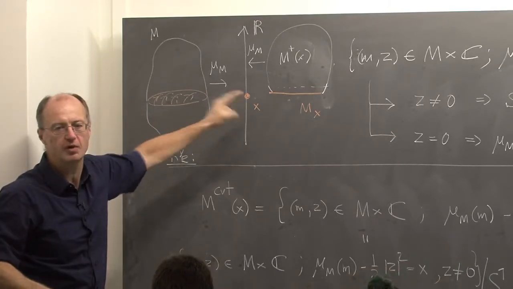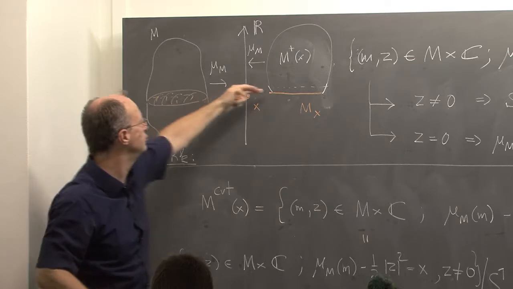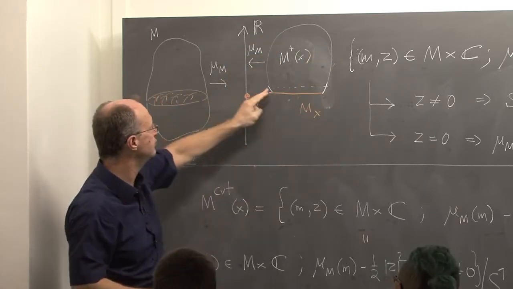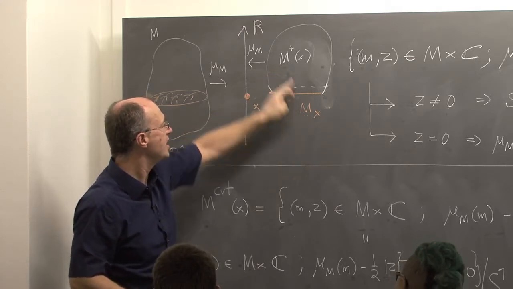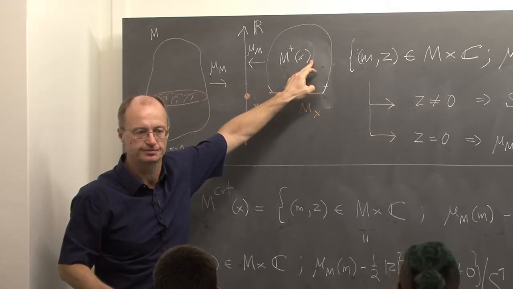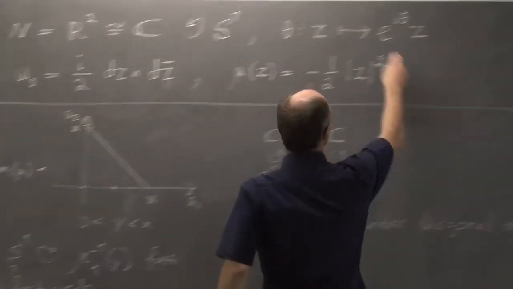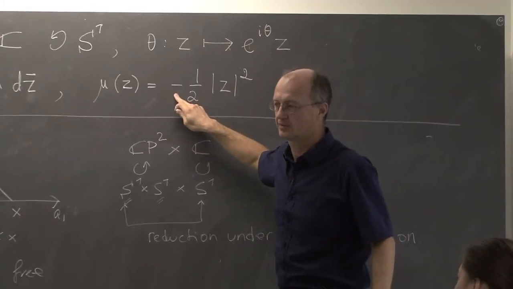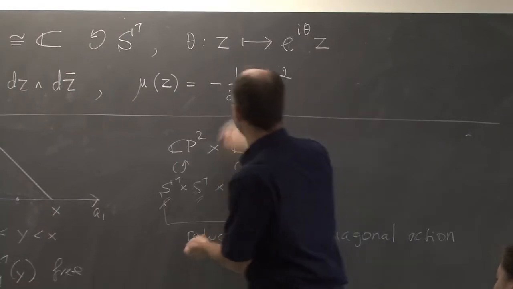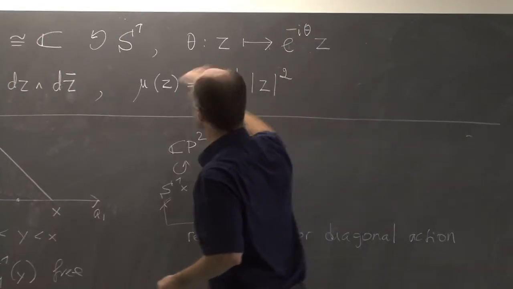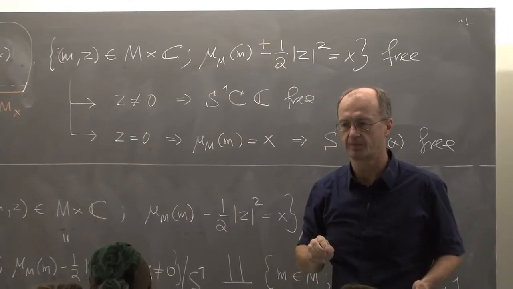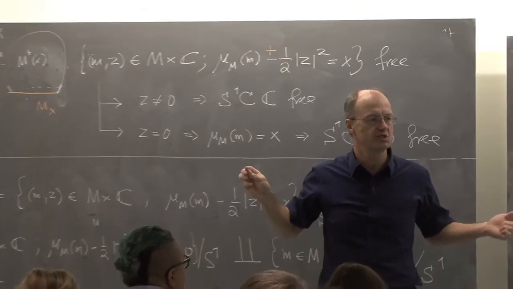Maybe one more remark. So here we decided to take the upper half, right? We arranged everything such that the reduction produces Mx glued to M plus of X. Remember that at some point we were discussing that if we change the sign here, the sign of the moment map would change, right? And of course, if we decide to change the sign here, then the sign in this equation would also change. Now, what would happen if you change the sign?